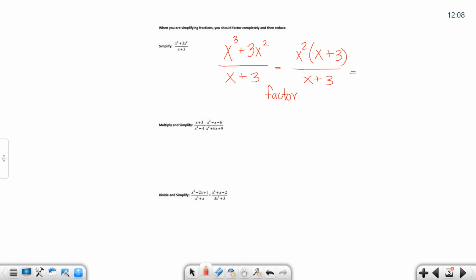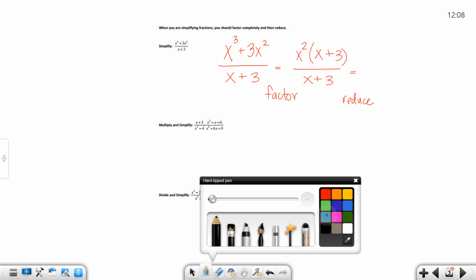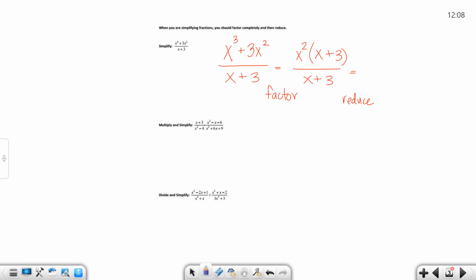And that's what it would look like when I factor it. After that, we'll reduce it. We have an x plus 3 on the top and an x plus 3 on the bottom, so they cancel out, and your answer would just be x squared.